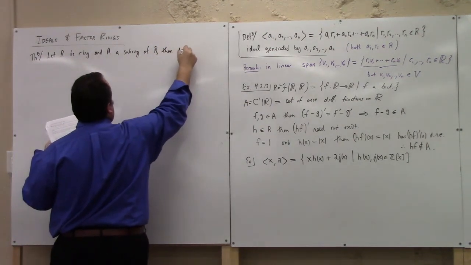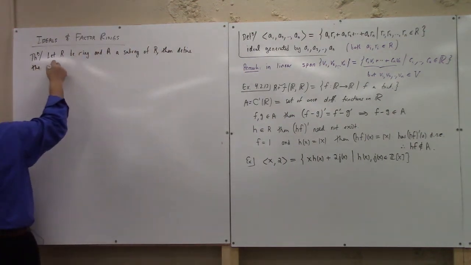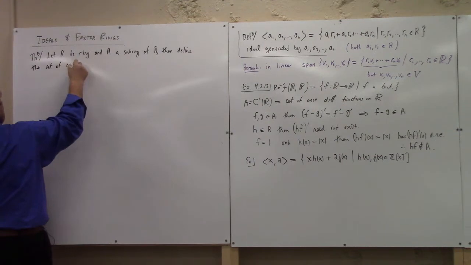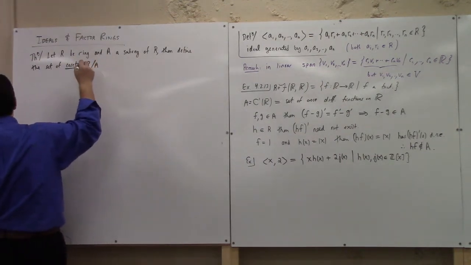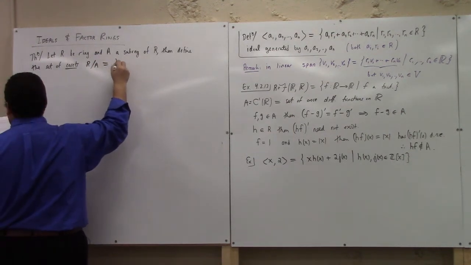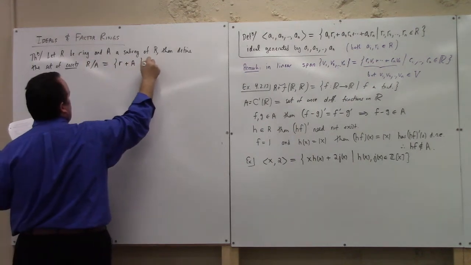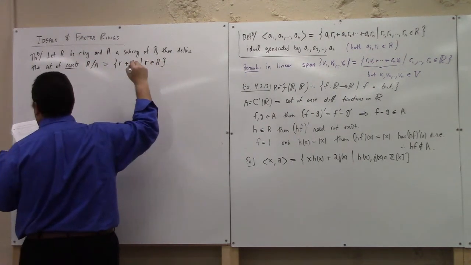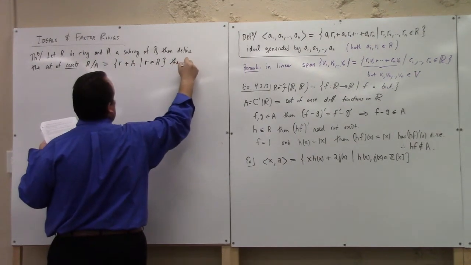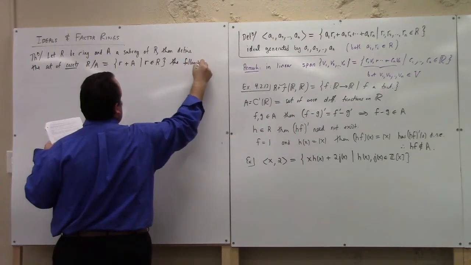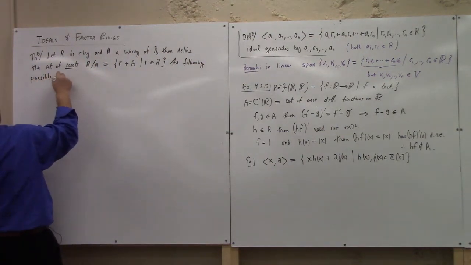then define the set of cosets R mod A, if you will, equal to, and these are additive cosets, R plus A, such that r is in R. The following possible operations.